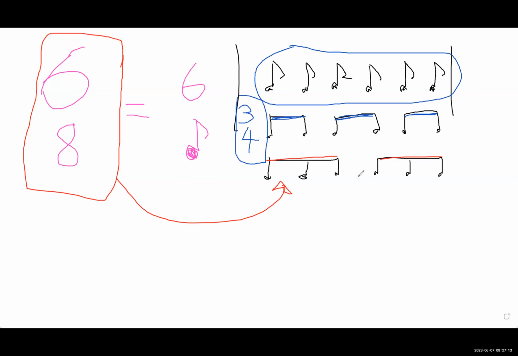It means when you play 3/4, we skip one note between 1 and 3, and you're feeling the beat here, and beat and beat. But when you're playing in 6/8, you're going to feel the beat here. Beat and beat.